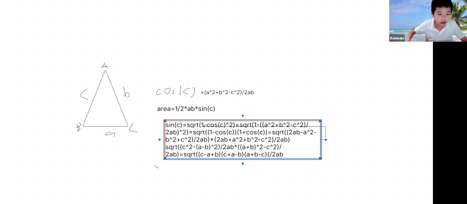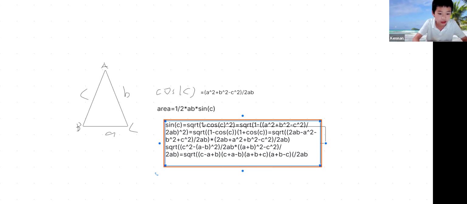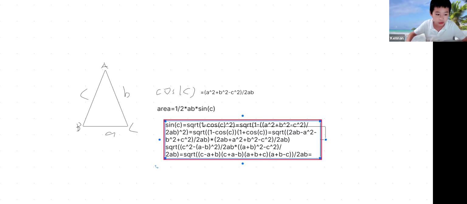Wait, let me see. No, that's right. And then times a plus b minus c, and then all divided by 2ab.